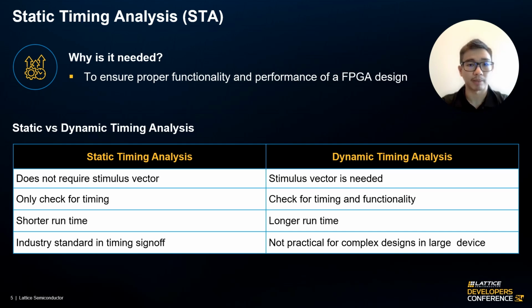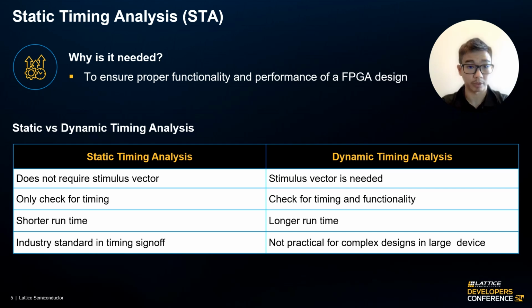There is another type of timing analysis, which is called dynamic timing analysis, which aims to do the same thing, but is simulation based. The table below shows the key difference between the two. The most obvious difference is that unlike dynamic timing analysis, static timing analysis does not require any stimulus vectors.